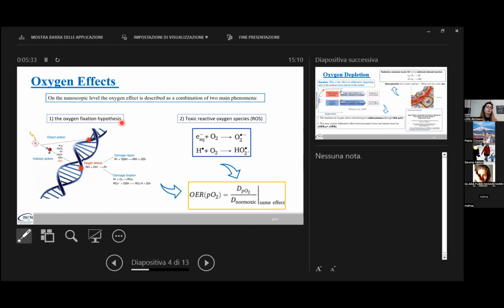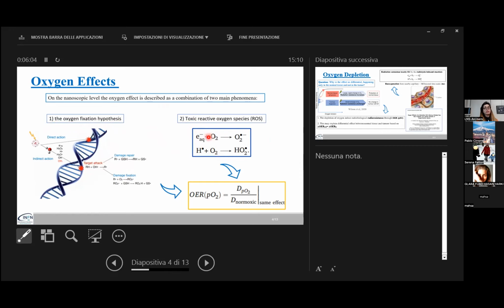It's related to cellular damage. It means that in the presence of oxygen molecules, the damage is unrepairable. The next one is related to the generation of toxic reactive oxygen species. According to these reactions, the radiosensitivity will be increased.